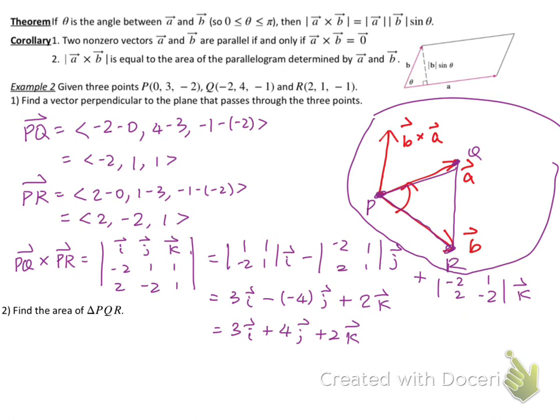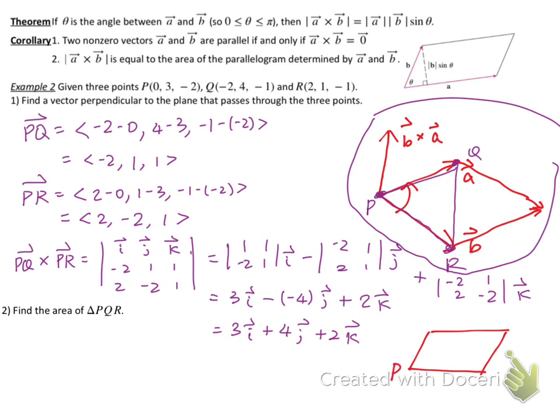So essentially, we get the parallelogram by taking the absolute value. Then our triangle is just half the area of the whole parallelogram. This is your parallelogram.